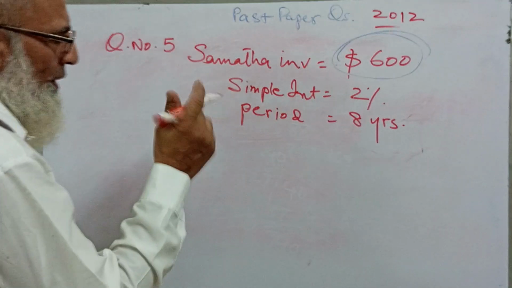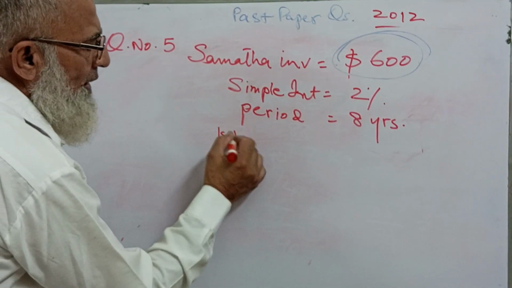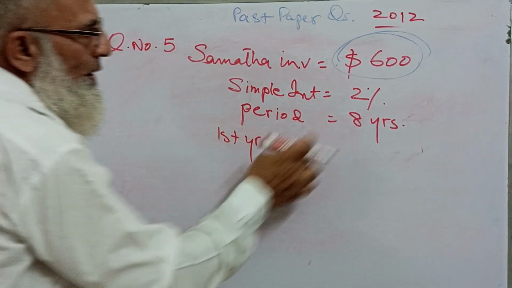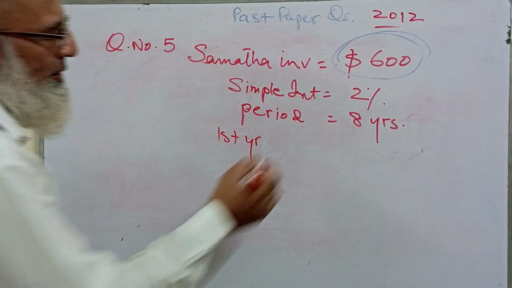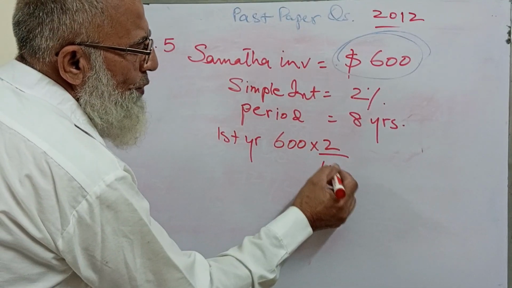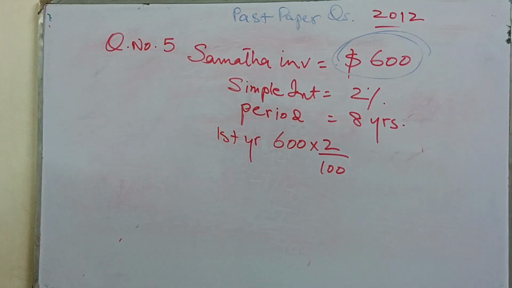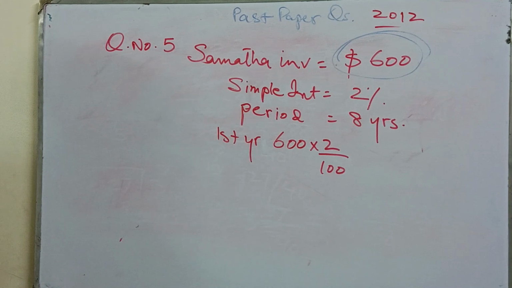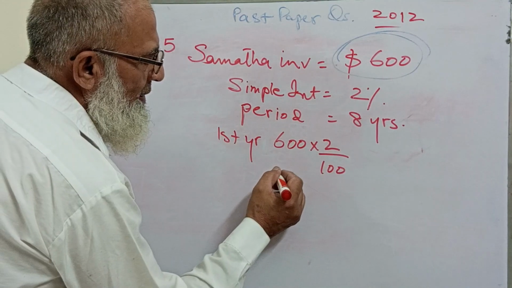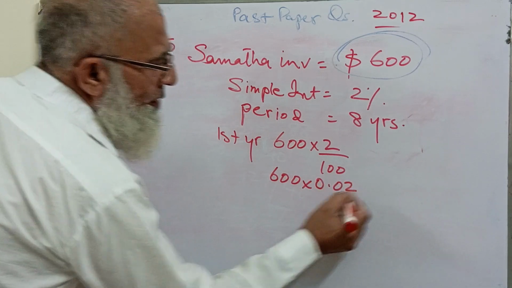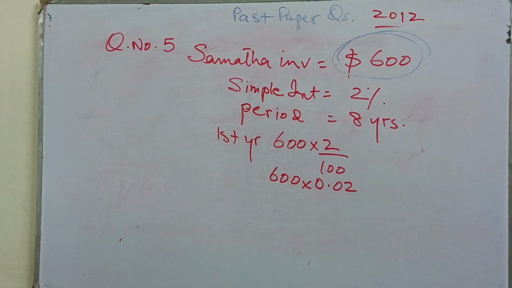How will we calculate the first year? In the first year, it will be $600 multiplied by 2%. Now you are well aware how to write a percentage in the form of a fraction, or you can also write it like this.